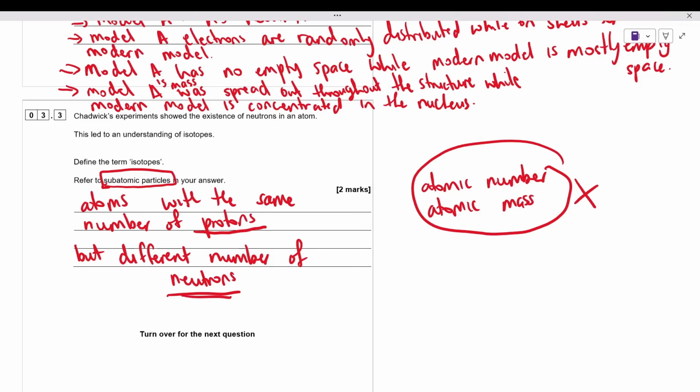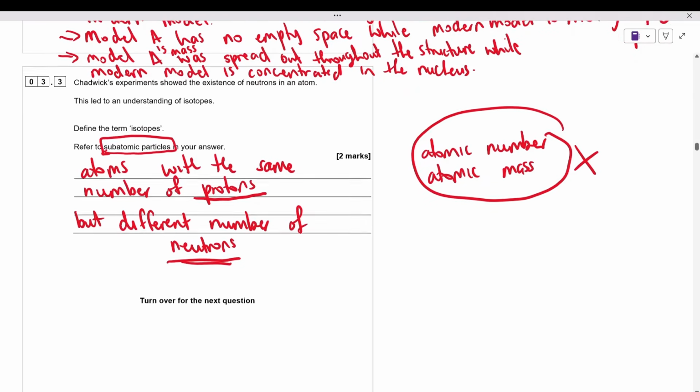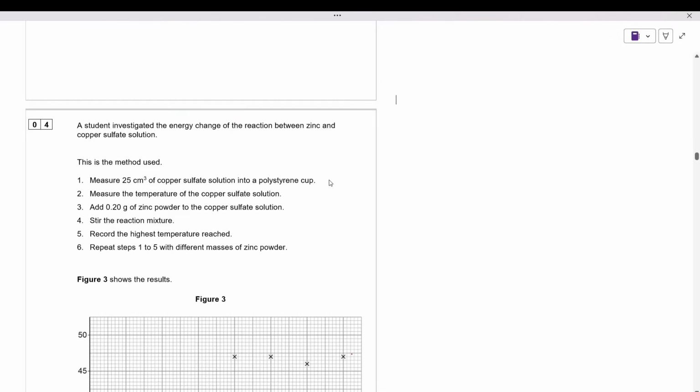Notice I'm using those subatomic particles, the protons and the neutrons. Those are the ones that you're going to be referring to, and those will give you the marks for your definition of isotope.